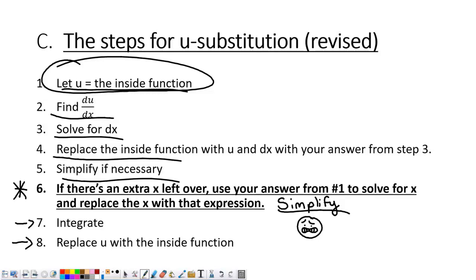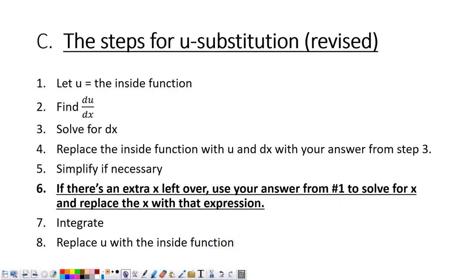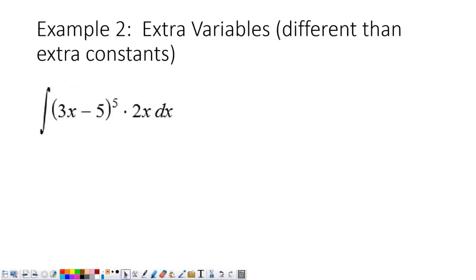So that's the issue. Okay, so the steps that I have up here aren't hard. The part that I forgot to include in step 6 is the hard part, and it's the simplifying before you integrate. So let's go ahead and do one here.